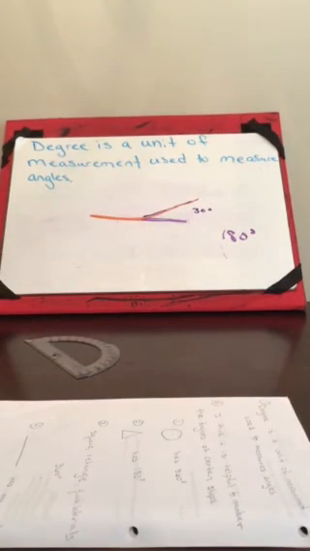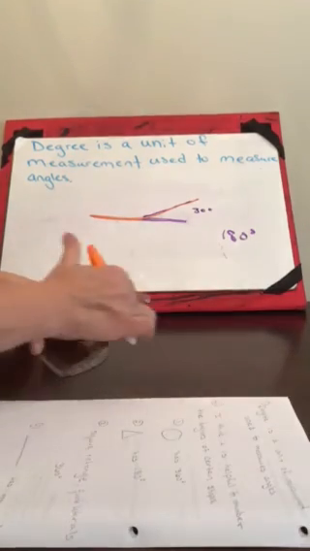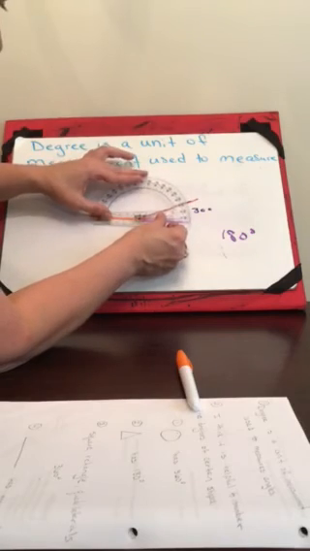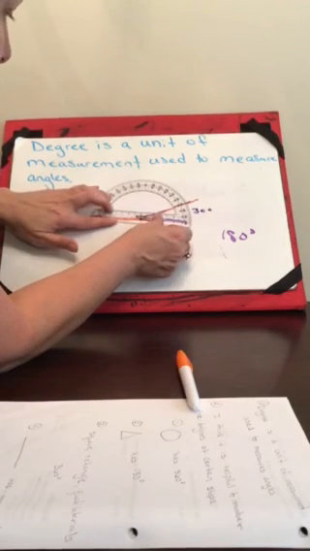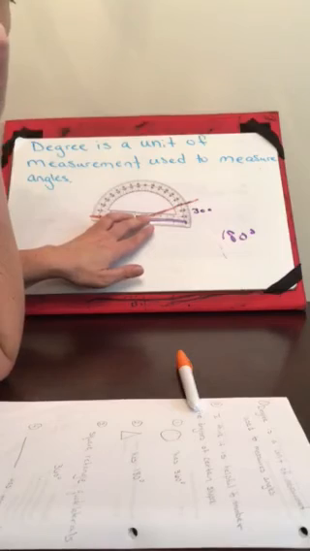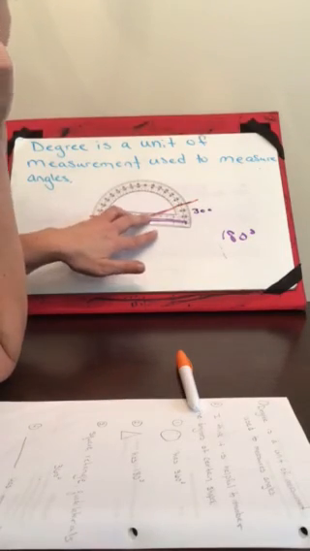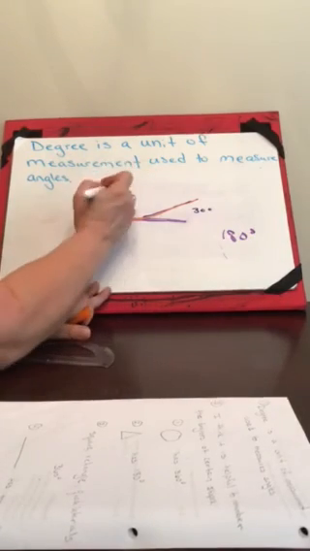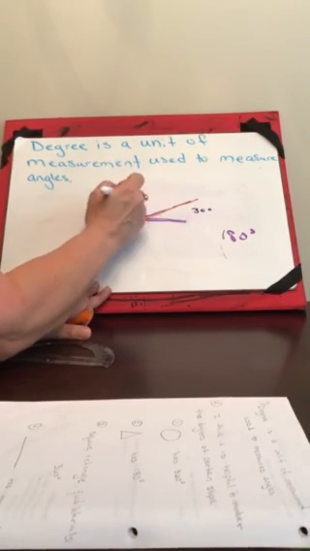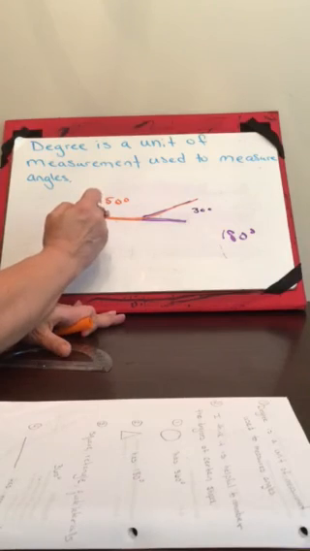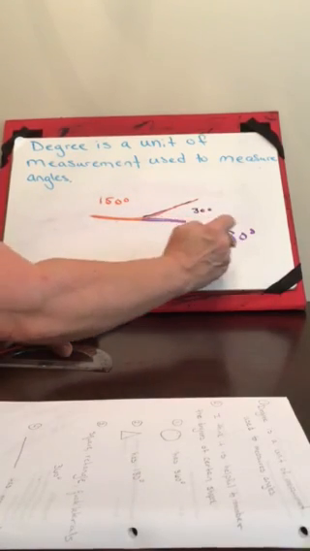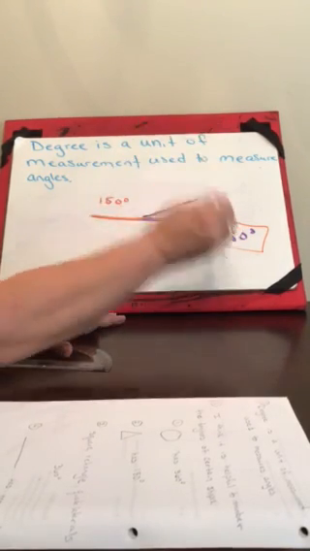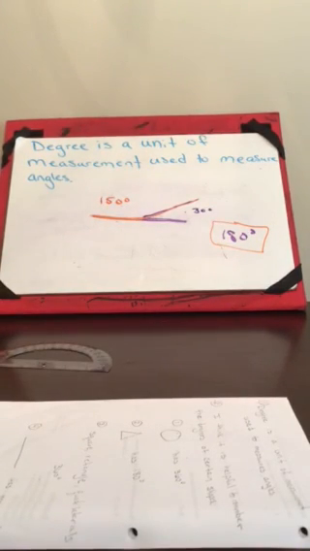I know that this is an obtuse angle, so I'm going to be looking for the numbers that are above 90 degrees when I measure this. And I'm going to measure this and I get 150. Lo and behold, 150. Okay, now look at this. Remember I told you that a straight line is 180 degrees? Well, when we add 150 plus 30, we get that 180 degrees.